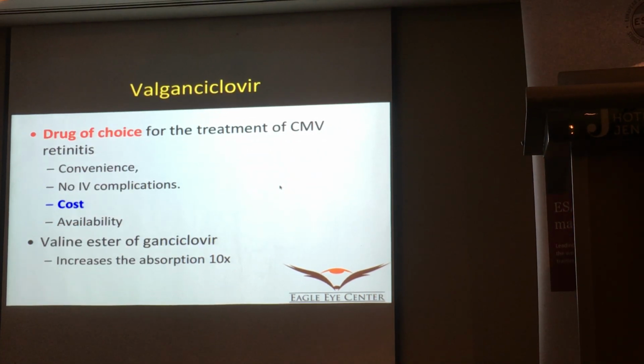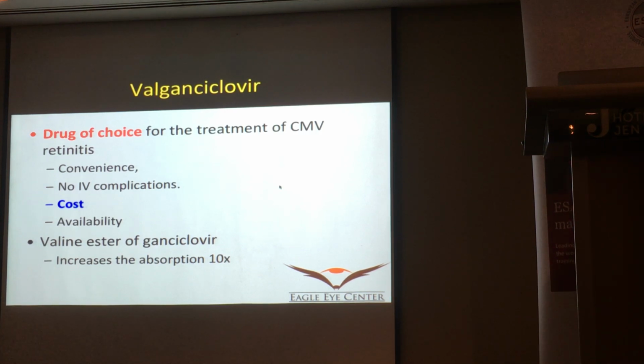Valganciclovir currently is probably the drug of choice for the treatment of CMV retinitis. It's convenient, you just pop a pill. Of course, you have to monitor your blood and renal function. You have no complaint of any intravenous lines, because in the days gone by when there was no oral preparation, patients would have an intravenous line for the next few weeks, or have to transfer to a PICC line because they needed ganciclovir twice a day for a couple of weeks.